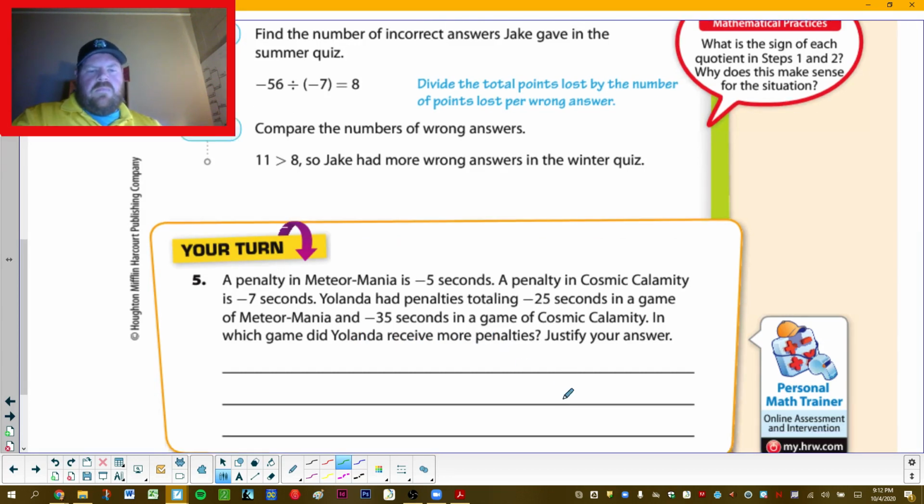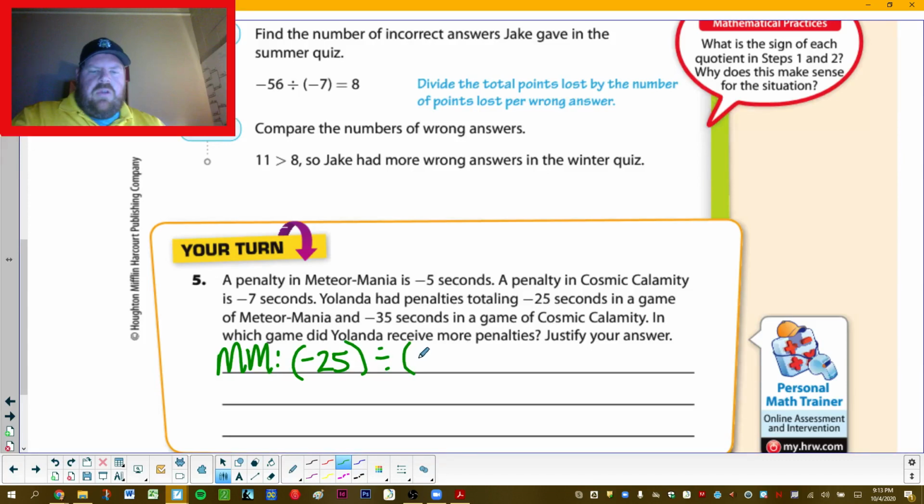Okay, so let's first deal with Meteor Mania. She had a total of negative 25 seconds in penalties. And we want to divide that by, for each penalty she would lose negative 5 seconds.